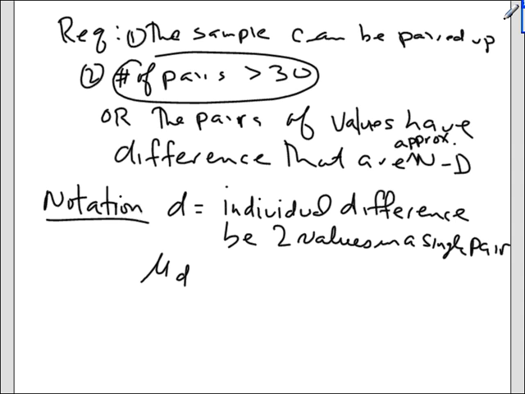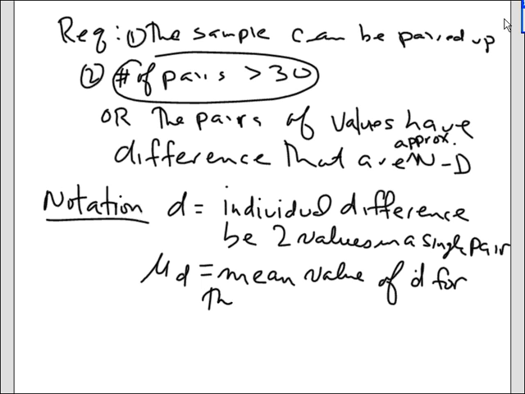Mu sub D is the mean of the differences for the population. It's the mean value of D for the population.